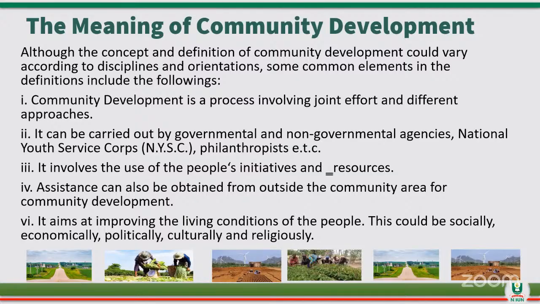One, community development is a process. Take note of the word process. It's not an act. It's a process involving joint effort and different approaches. Two, it can be carried out by governmental agencies, non-governmental agencies, National Youth Service Corps, philanthropists, community members, and so on and so forth.